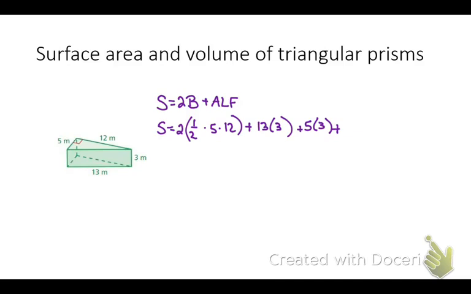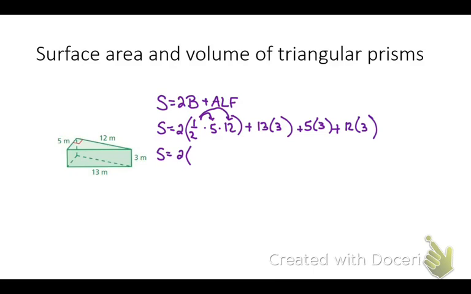Now, what two dimensions make up my back face? 12 and 3. All right, 12 times 3. Now I'm ready to do the math. So S equals 2 times, now which number would be easier to take 1/2 of? 12.